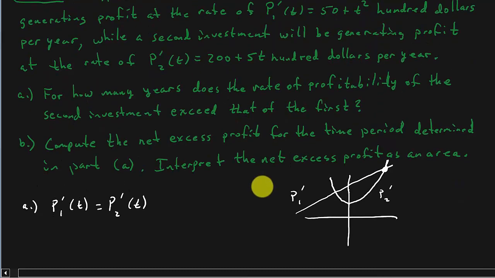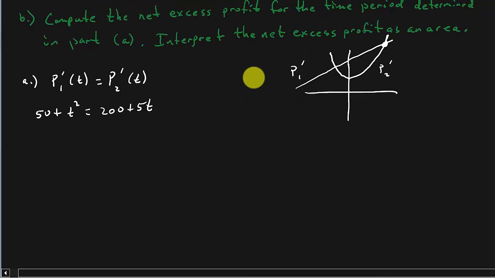So we have 50 plus t squared equal to 200 plus 5t. We subtract 200 and subtract 5t from both sides. That gives us t squared minus 5t minus 150 equals 0.